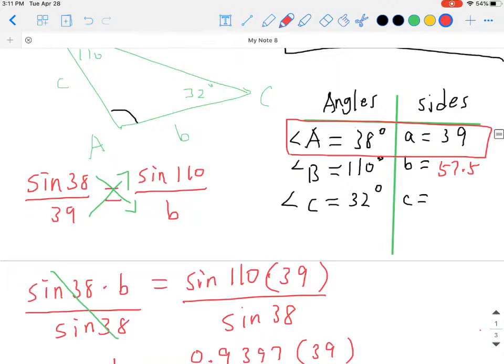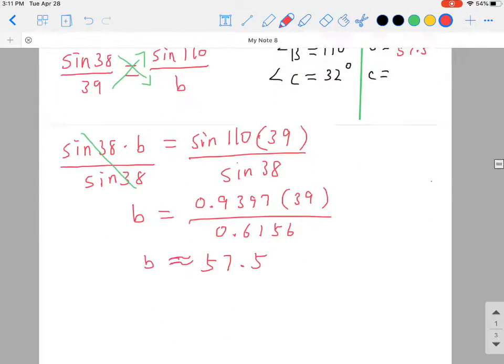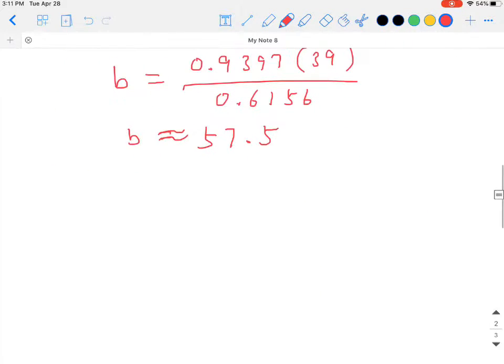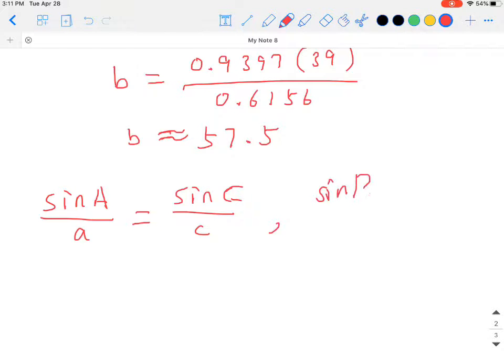But now the good thing is we know the combination of angle A and side a, and the combination of B and b. So for c, you can use either one. We can use sine A over a again equal to sine C over c, or we can even use sine B, the one we just found, over b equal to sine C over c.